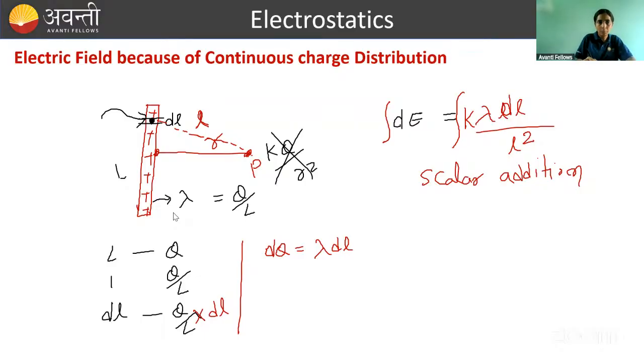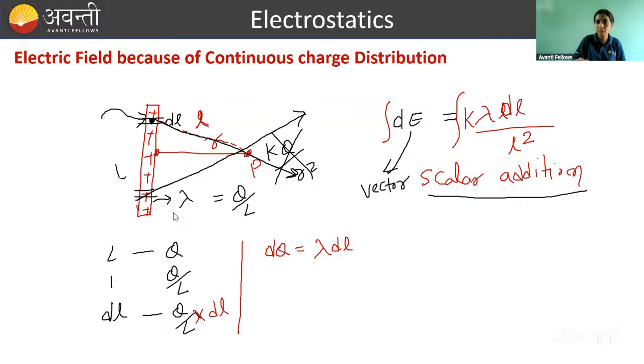Here, on one thing we have missed, intentionally I have done this. See here, at point P, the electric field magnitude you calculated, but it will have a certain direction also. So it is like this. And if you take an element over here, the direction of electric field because of this element will be in this direction, and so on, right? So you cannot scalarly add like this. Why? Because this electric field dE is a vector.